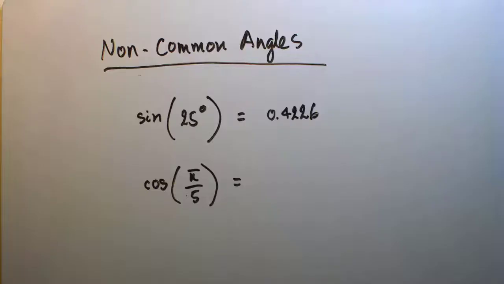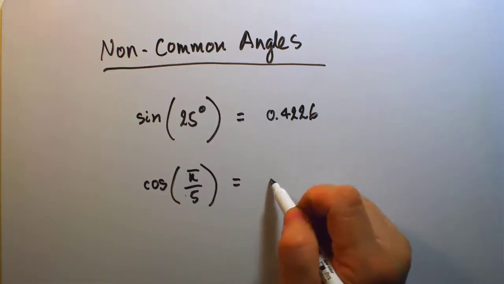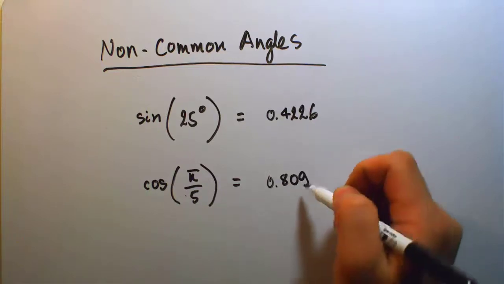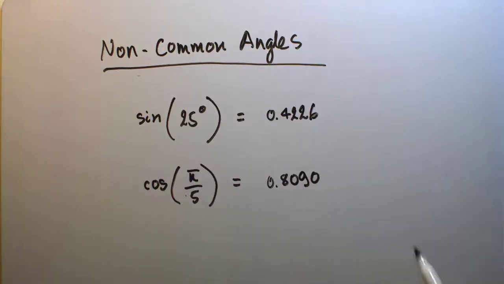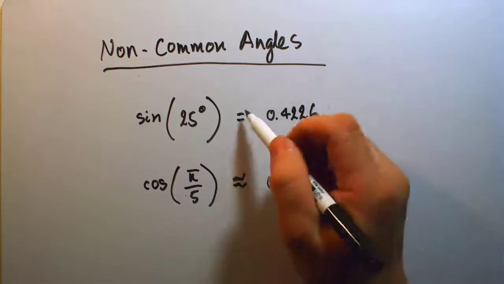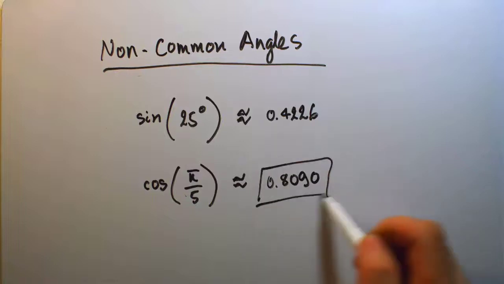So cosine of pi over 5 equals 0.809. Usually these values only appear as approximations.